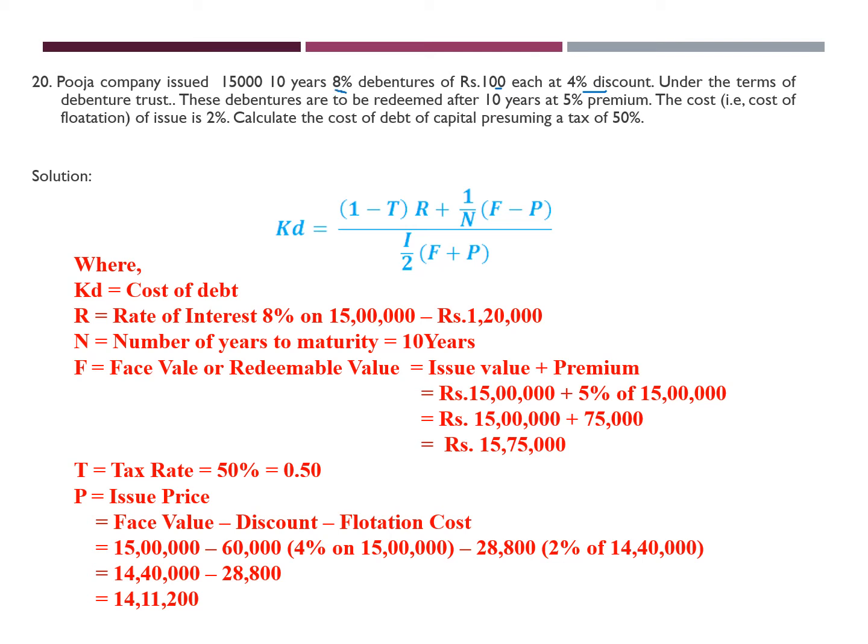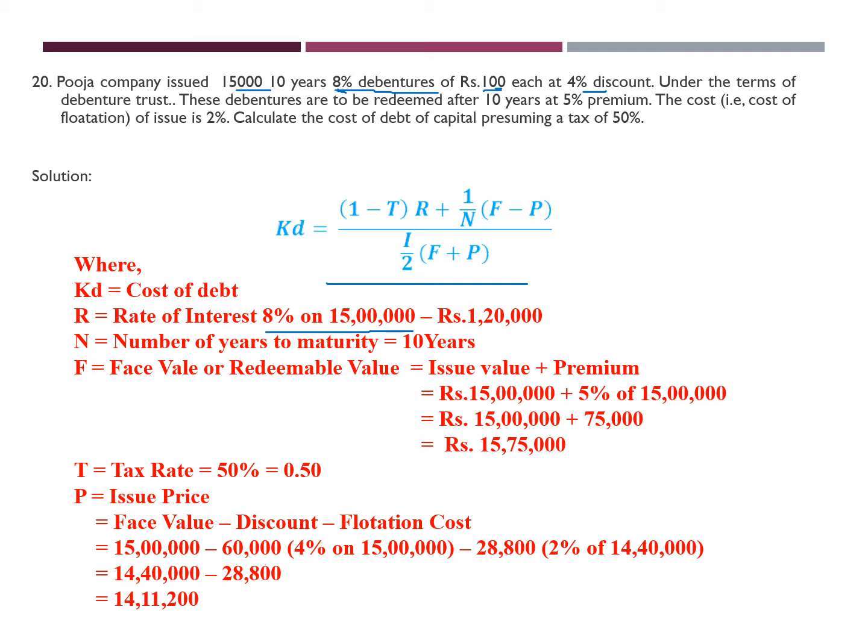You have to consider everything. These are 8% debentures. So here we'll see the same formula I have taken over here and we have to substitute the values. Calculate this. Our rate of interest is 8% on 15 lakhs, 8% debentures. What debentures? 15,000 debentures of rupees 100 each.